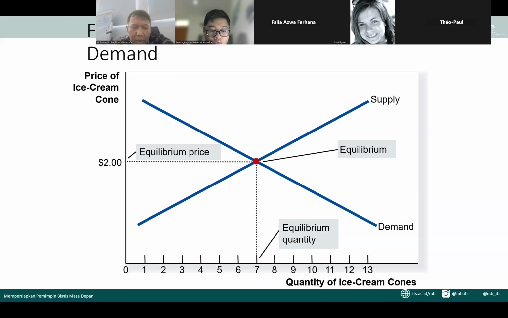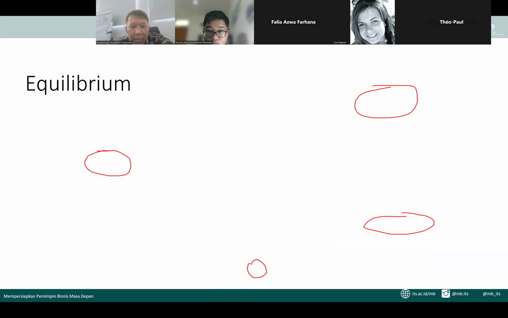In this model, we see that at an equilibrium price of $2, both buyers, the demanders, and sellers, the suppliers, offer the same quantity. So this is what we call the market equilibrium price.